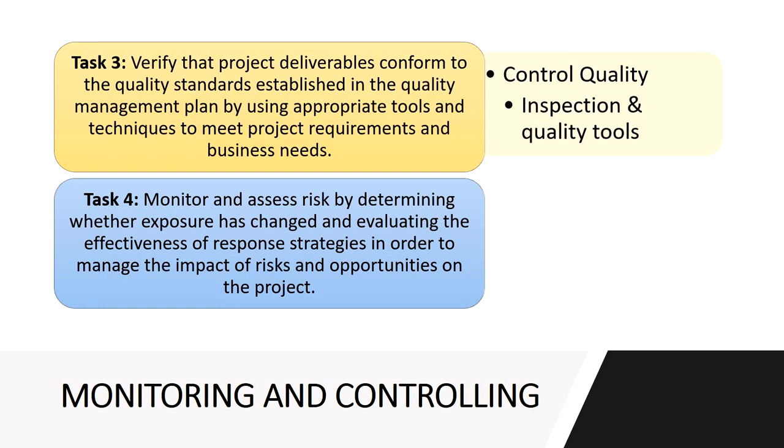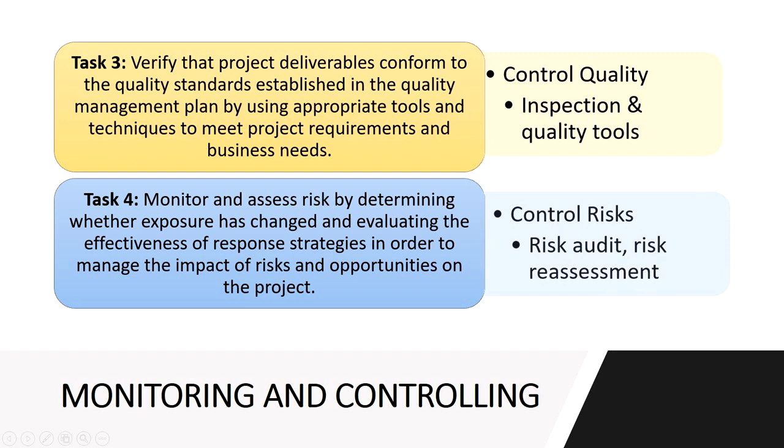So we want to monitor and assess risks. We want to have a risk reassessment. We want to determine if exposure has changed. We want to reevaluate probability and impact. We want to reevaluate expected monetary value, probability in percent, impact in dollars, whatever that might look like. And we want to evaluate the effectiveness of response strategies. What's that? It's called a risk audit.